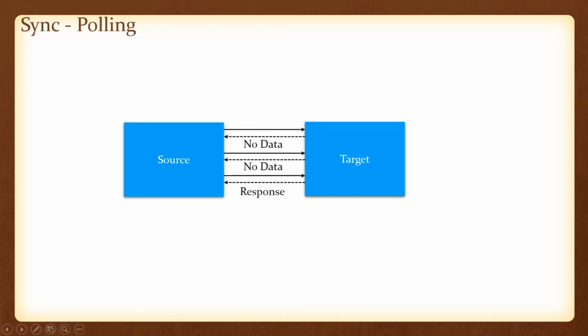So now, what could be the drawback of this type of messaging pattern? One of the drawbacks is it could get heavy on resources, because if you're not sure of the frequency, you will probably set a frequency of maybe after every 1 or 2 minutes, and at times this can take a toll on the target system, because it will be bombarded with unnecessary requests when it doesn't even have the data, and it can also cause a serious performance issue on the source system as well, where we are just calling the target system without any data.